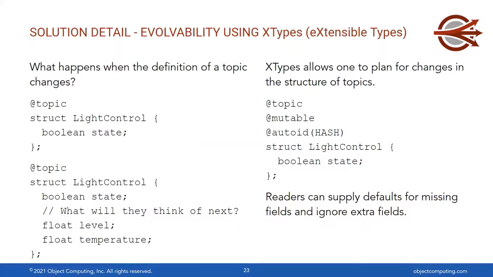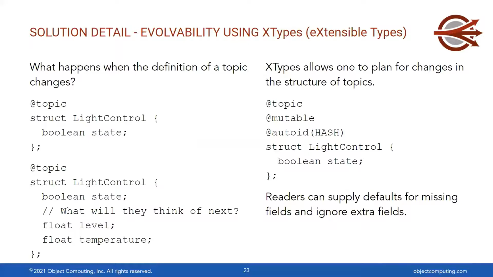So we've already mentioned the possibility that you will have gateways and applications of various versions all running together and interoperating. And from a DDS perspective, what we need to accommodate is the possibility that the definition of a topic is going to change over time.